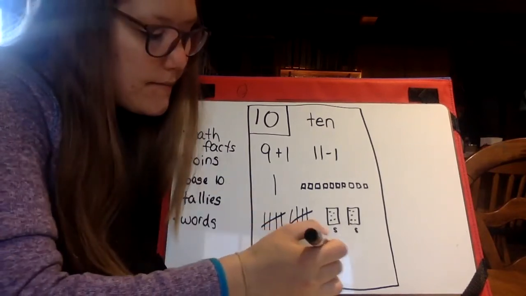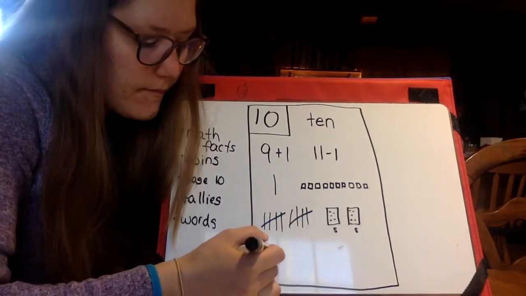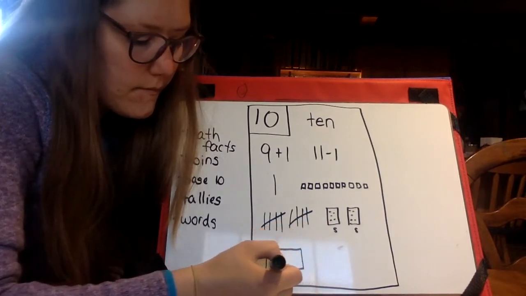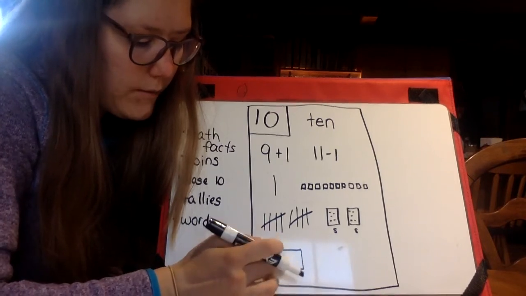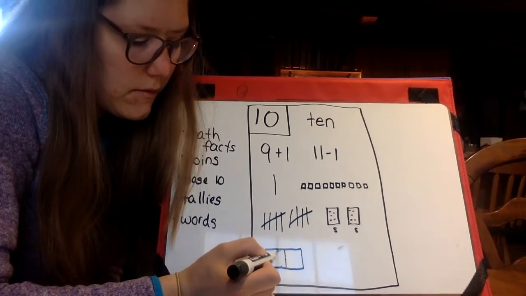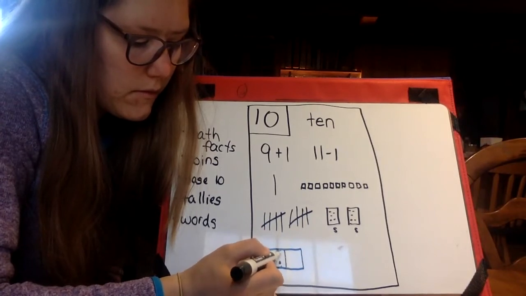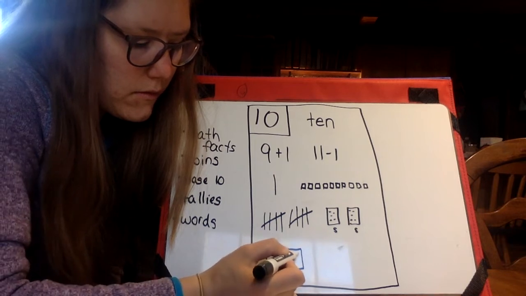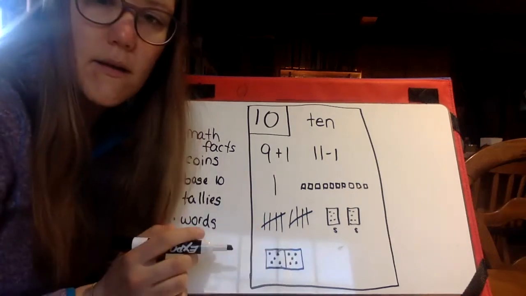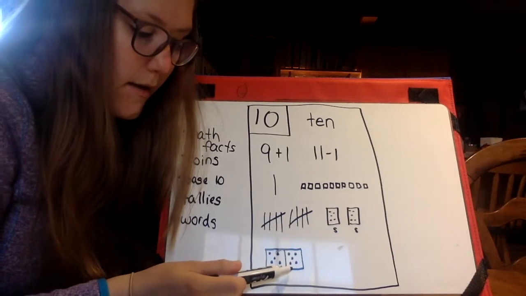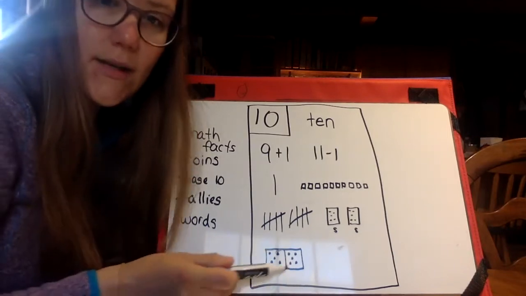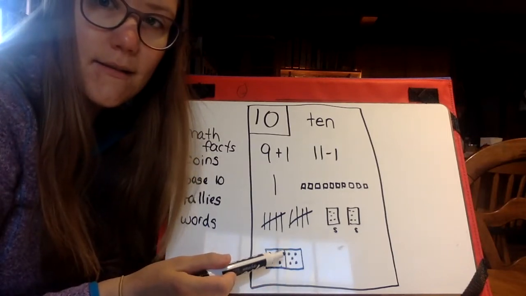What if I did this? Oops, that's not quite in the middle. That's a domino. And it has 5 on this side and 5 on that side, and together it has 10.